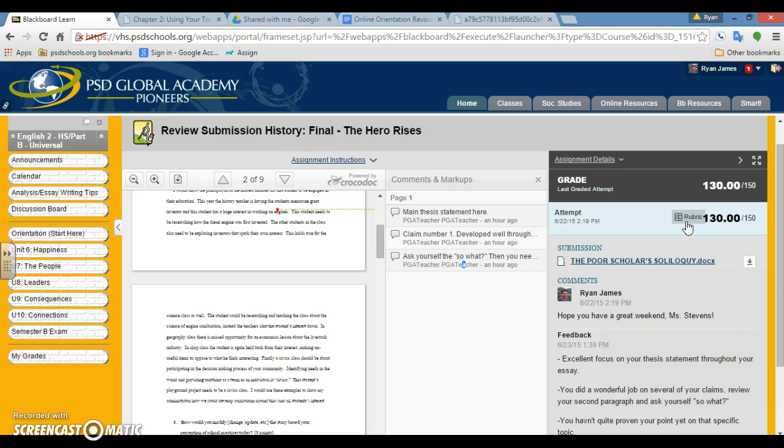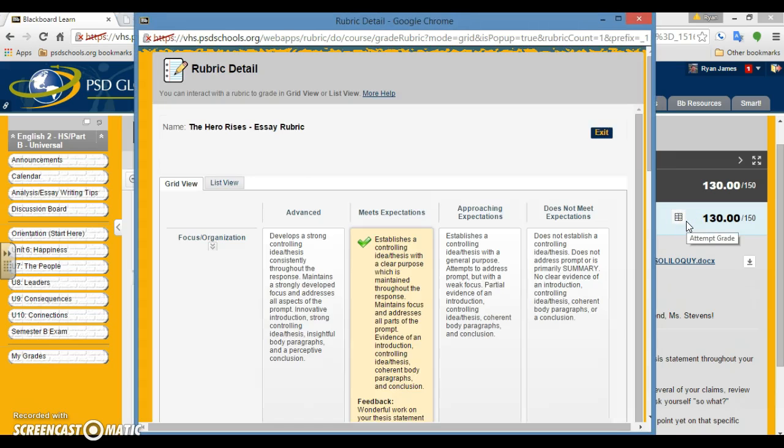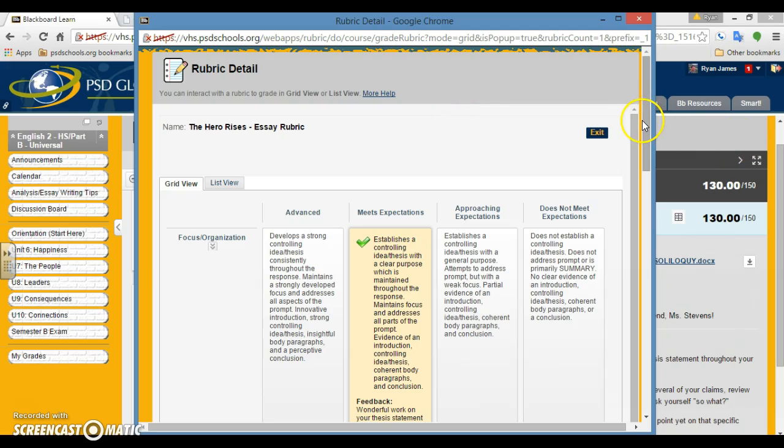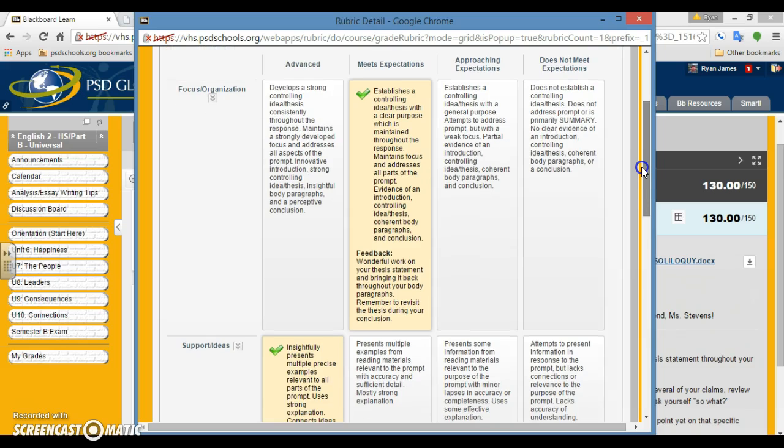Rubrics are an excellent tool to use not only before an assignment, but as well as after. So this rubric most likely was available to me before I turned in the assignment. So I probably could have taken a look at and graded my own work almost and kind of checked it before I turned it in to make sure I was advanced in each category.